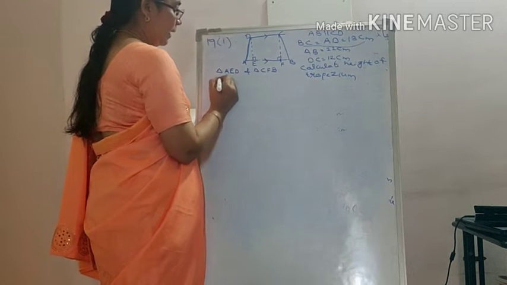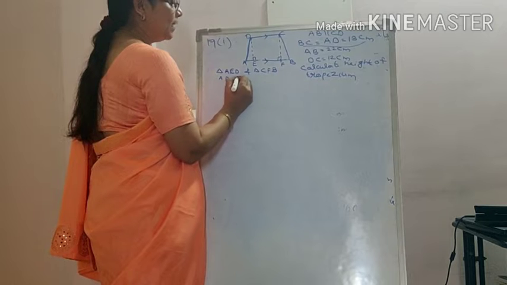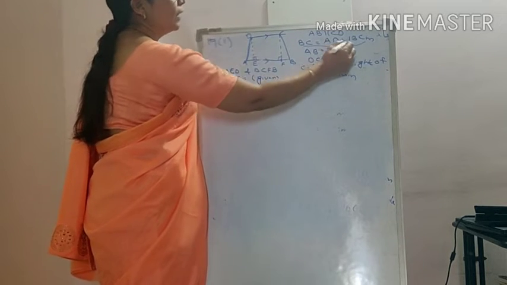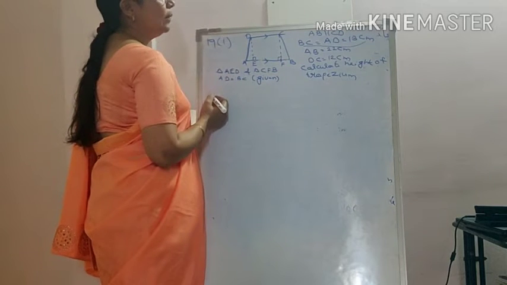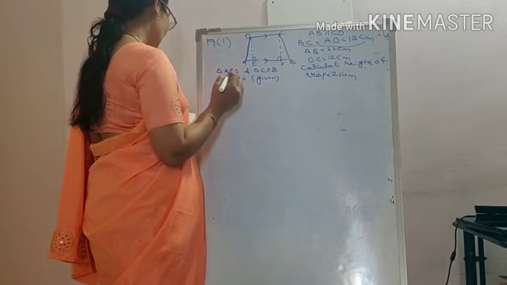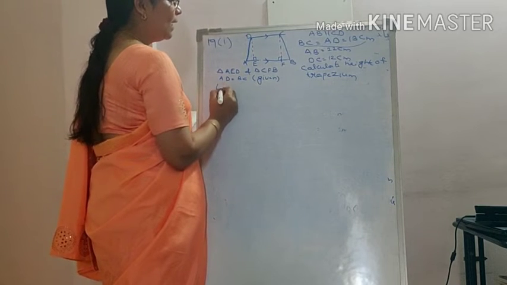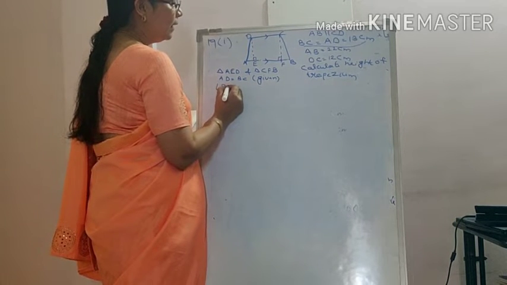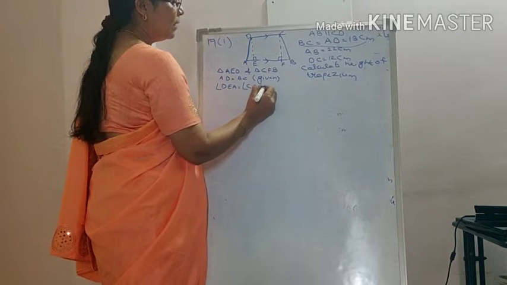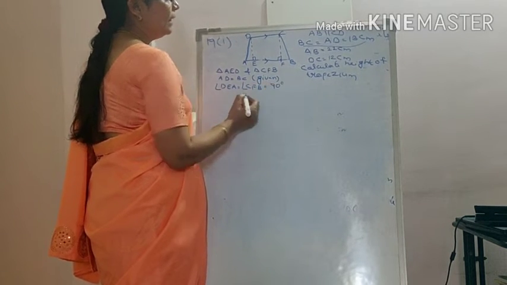In this, it is given that AD is equal to BC. The measurement each is of 13 centimeters. And now, we are saying that angle DEA is equal to angle CFB, which is each of 90 degrees.